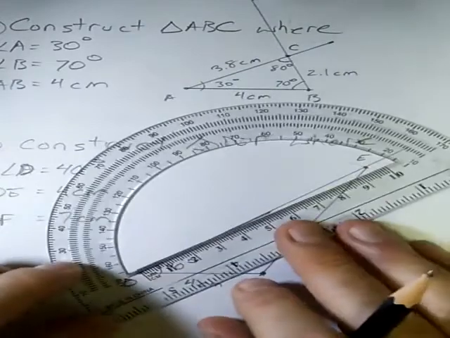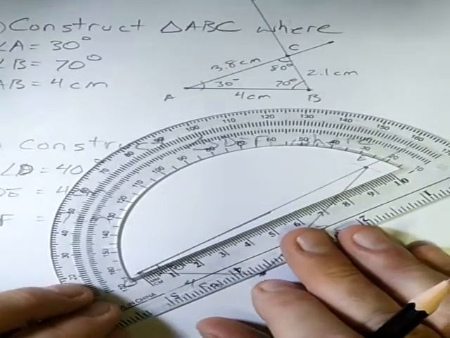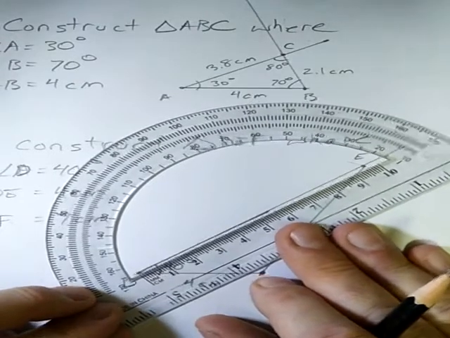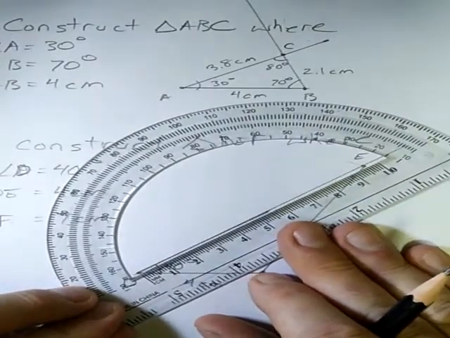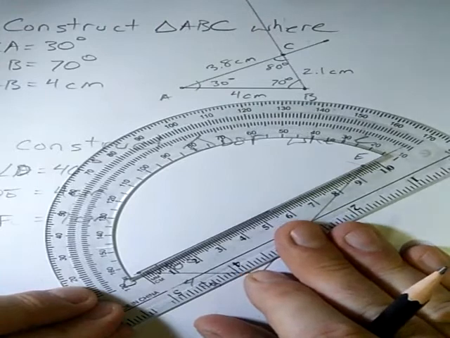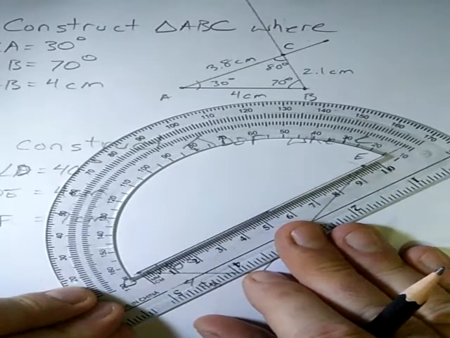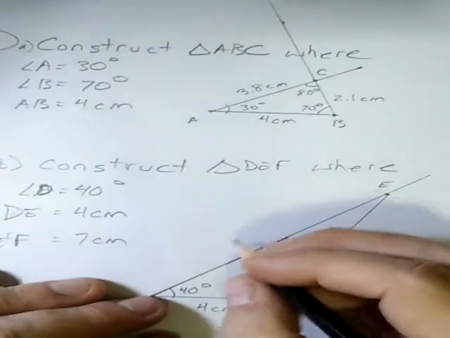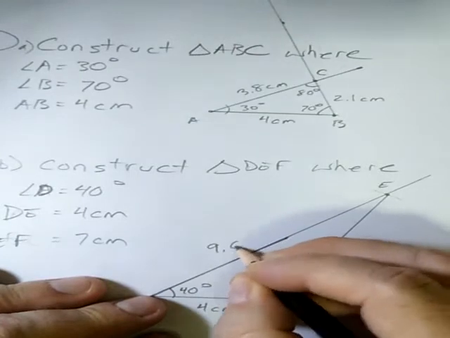I'm going to use it the other way because of the shadows. Middle of the dot to middle of the dot, and it looks like it is about 9.6 centimeters. So I'll call this 9.6 centimeters.